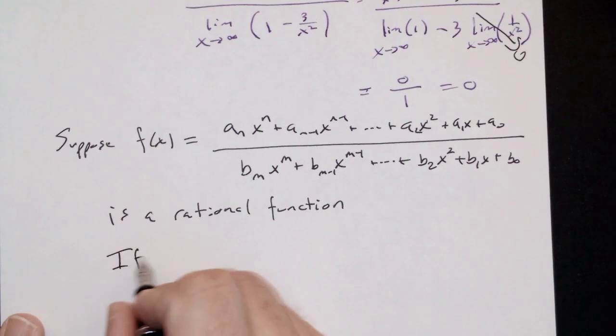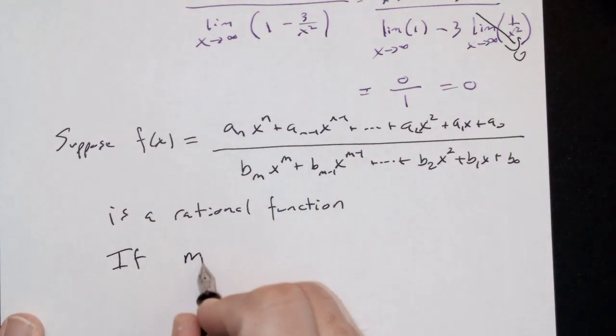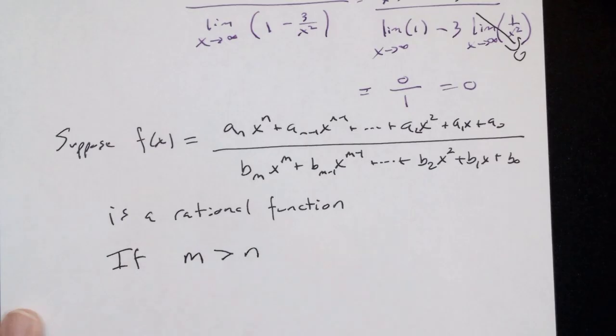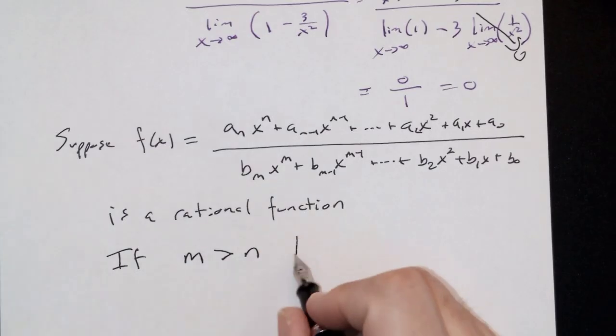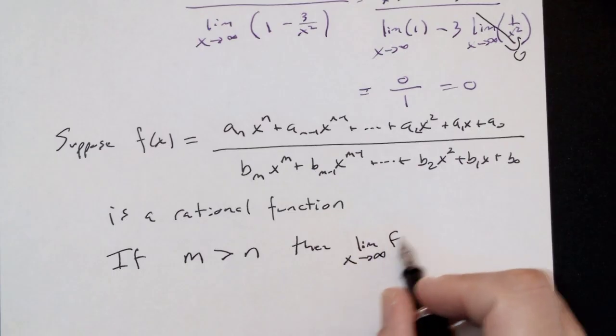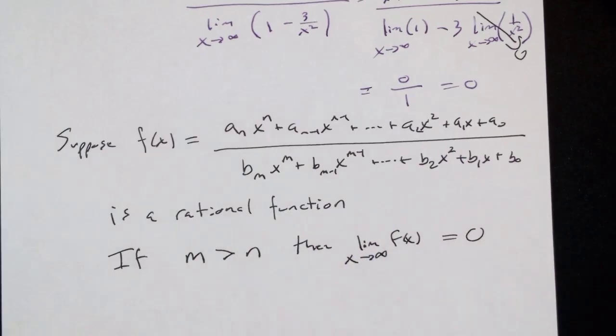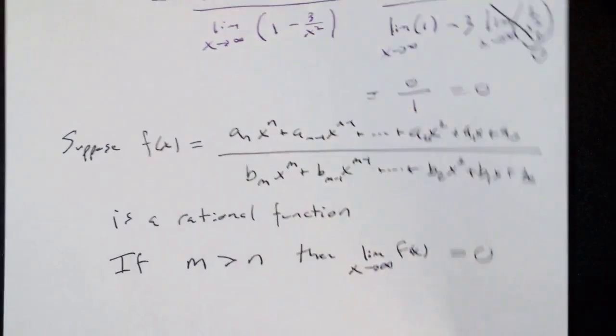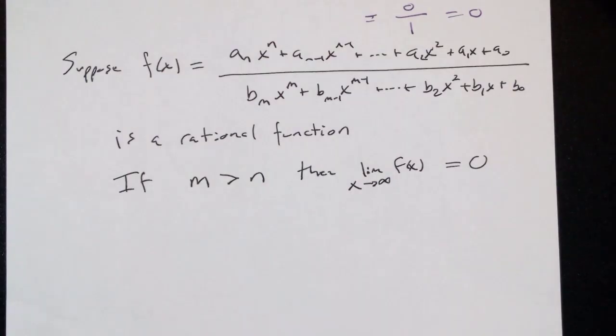If the power on the bottom is bigger than the power on the top, then the limit as x goes to infinity of f of x is 0. If the bottom has the highest power, it's going to win, just like our example that we just did.